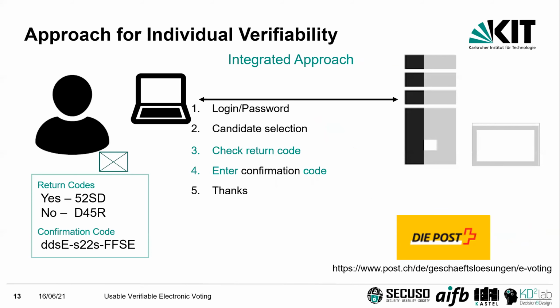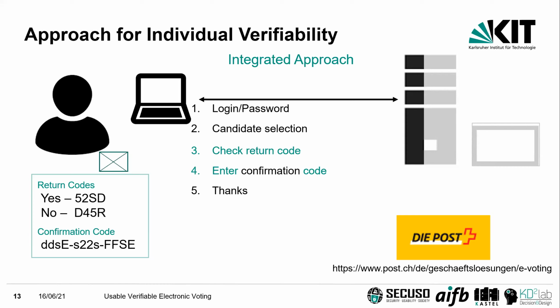For the integrated approach, you don't necessarily have a second device. However, there's something special about it, because before you cast your vote or can cast your vote as a voter, you will receive a code sheet which at least contains something called a return code and a confirmation code.